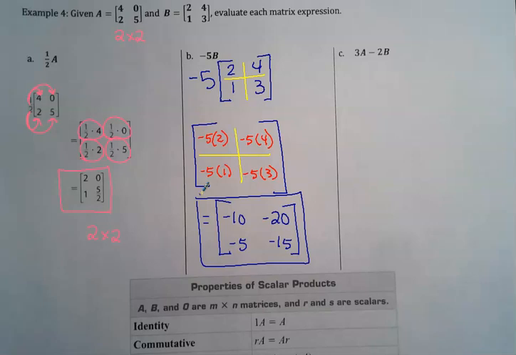All right, C, if you look at C, it's going to take a little bit more work, okay, because we're doing scalar multiplication, 3 times matrix A, and 2 times matrix B, and then we're going to put them together. Now, there's a couple ways you can look at this. We can do 3A minus positive 2B, or we can do 3A plus negative 2B.